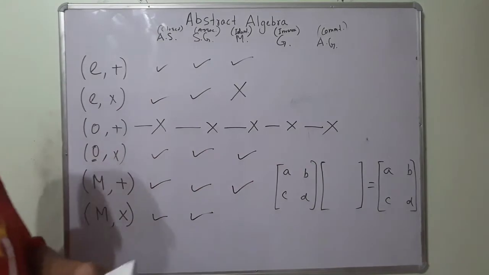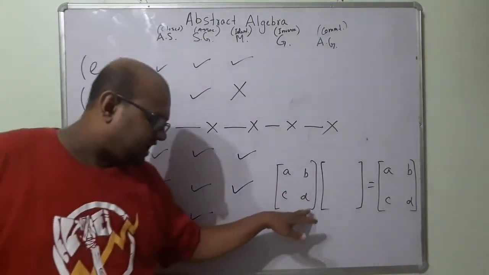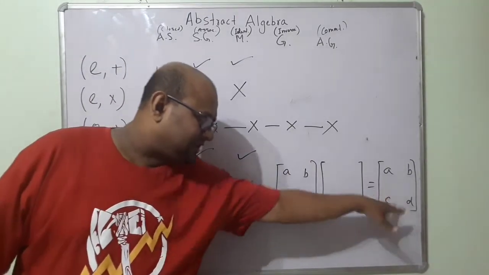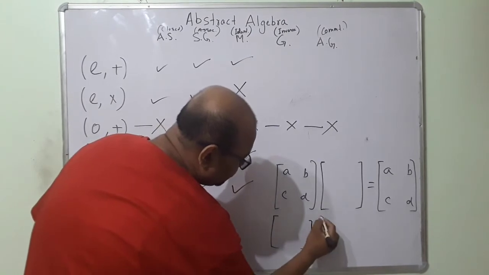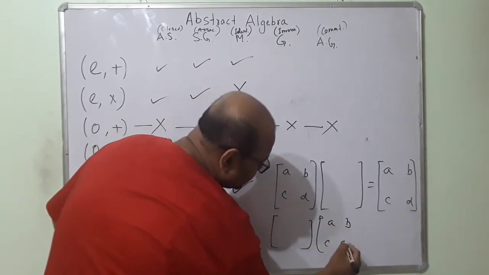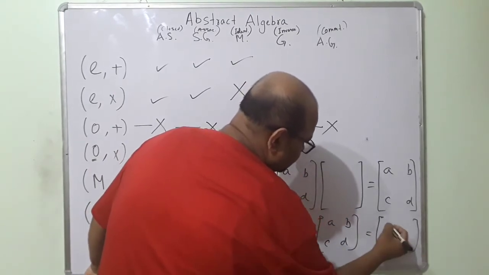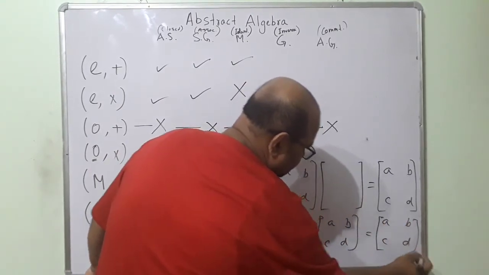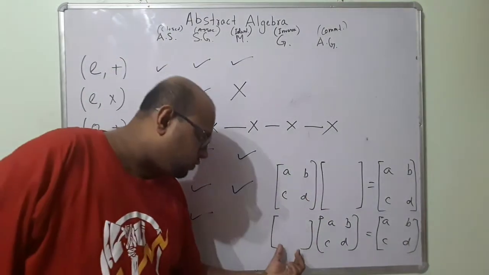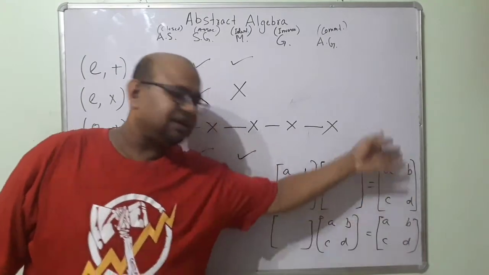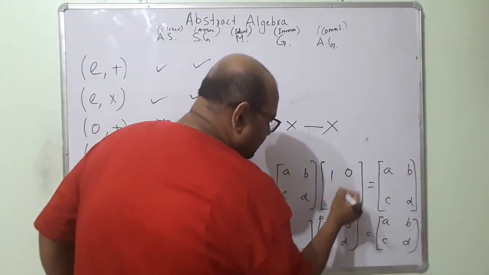Okay, I have this matrix A, B, C, D. What can I multiply to this matrix so that I will get back A, B, C, D? This is the identity matrix, right?